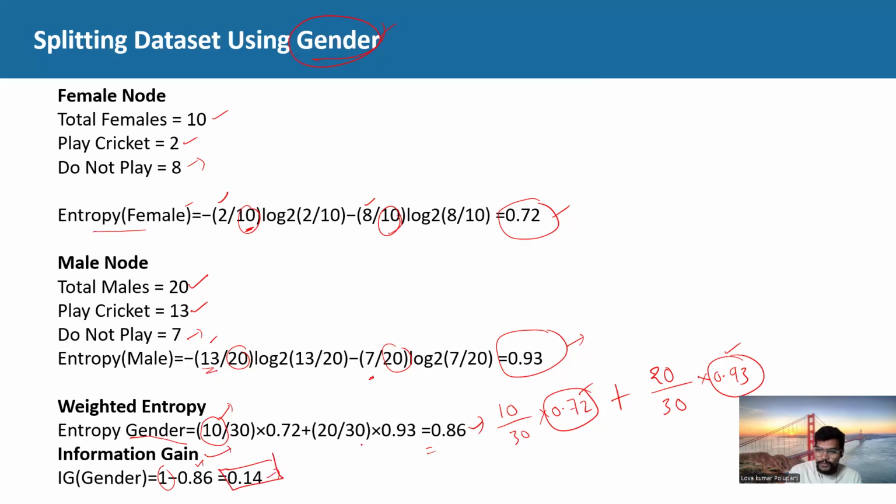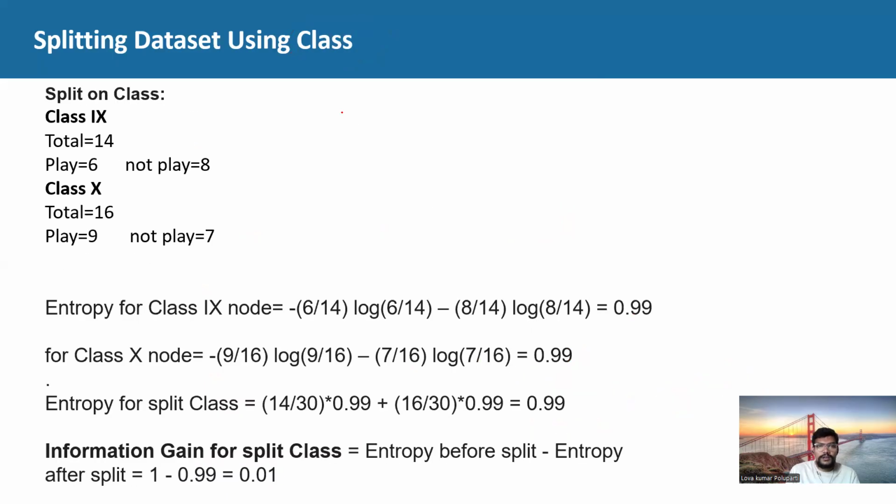I want to take one more column, and see which column the decision tree will start the splitting with. So I'm taking the class here. In class 9th, 14 students are there, 6 will play, 8 will not play. In the 10th, a total of 16 are there, 9 will play and 7 will not play. I am applying the same formula here.